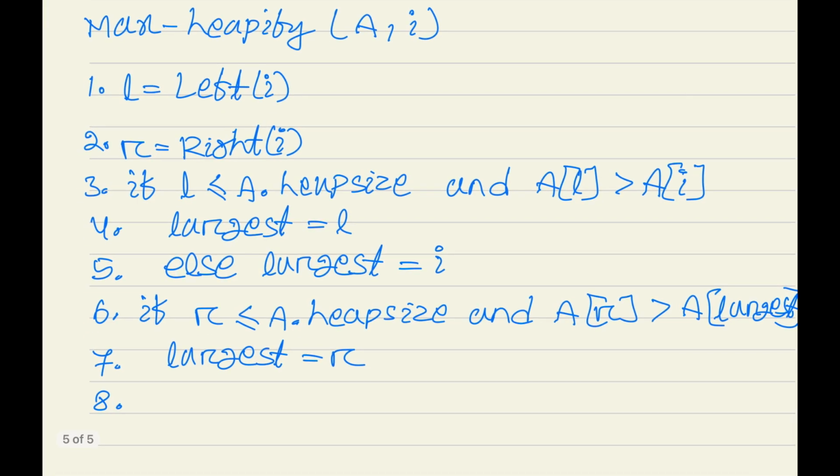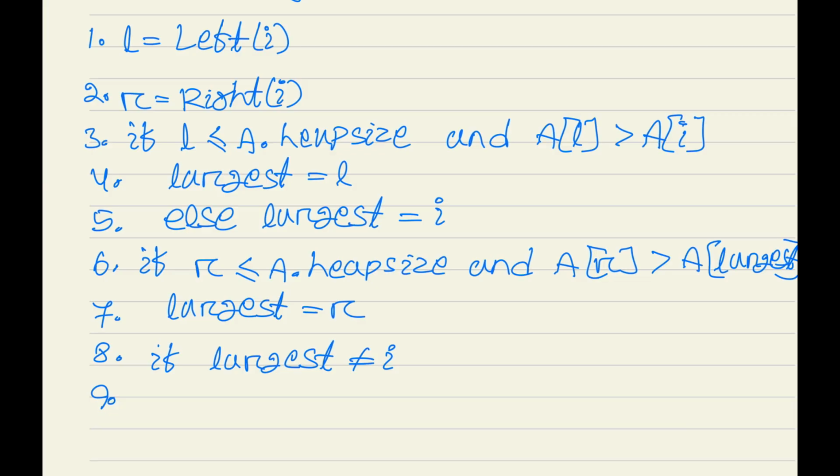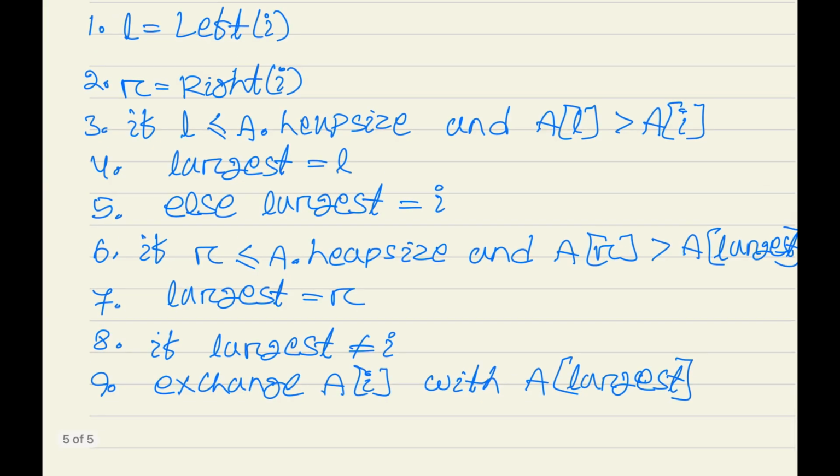If the largest is not equal to I, that means the largest is either the left child or the right child, then we have to simply swap or exchange A[I] with A[largest].